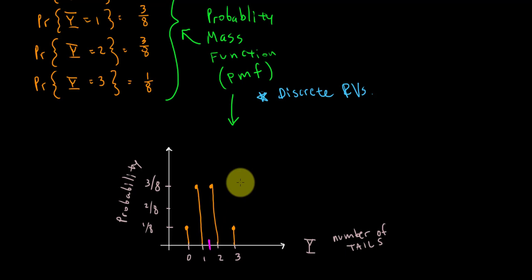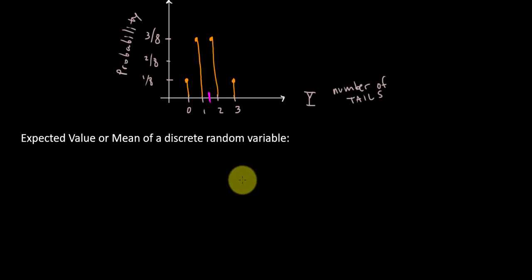Let's see. That's next. We're going to talk about the expected value, aka the mean of a discrete random variable. The way that this is formulated, we'll call this the mean. And because it applies to a random variable, often they'll put that letter for the random variable down there. So mu capital Y. And this is still a mean, so there needs to be addition and there needs to be division.